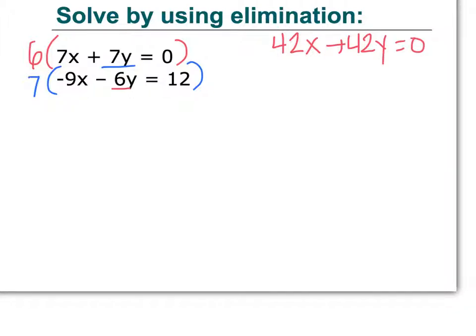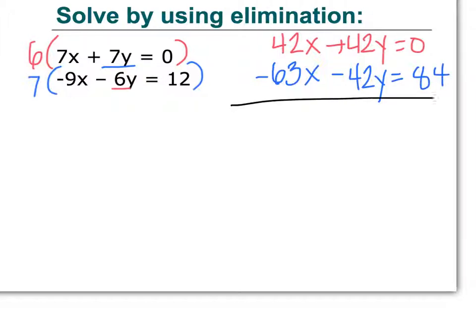My bottom equation is negative 63x minus 42y, and it's equal to positive 84. Looking at these, I see that I have a positive 42 and a negative 42. That means I get to add.